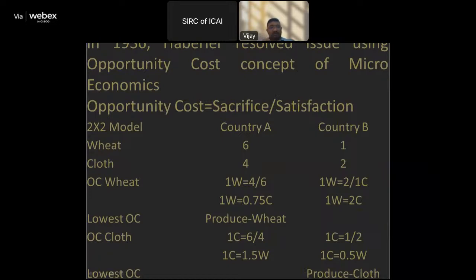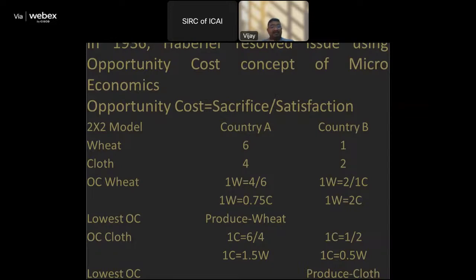See, now here opportunity cost concept which has been used by Haberler. Opportunity cost, which is nothing but alternative cost. Opportunity cost is nothing but the cost of next best alternative sacrificed. So I sacrifice one goods for getting another goods. I sacrificed wheat for cloth.